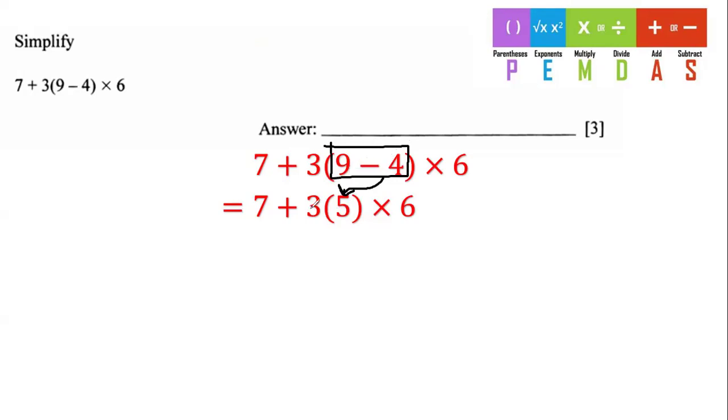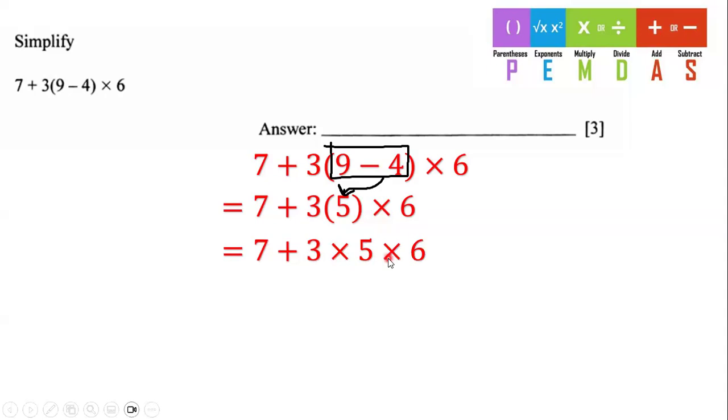Then we have this 3 so close to the 5. What does that mean? Multiplication. Very good. So we express it as multiplication. I have 7 plus 3 times 5 times 6.